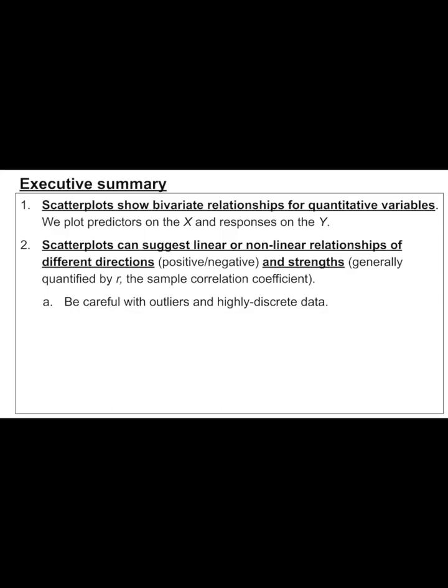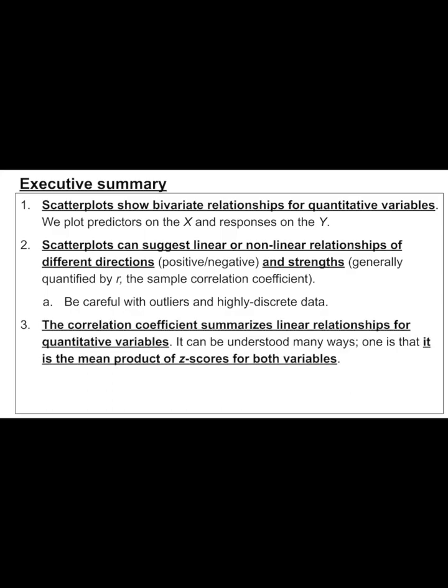We also need to be careful with highly discrete data, because scatterplots in general don't form a great tool for looking at highly discrete data, in part because the more discrete a variable is, generally speaking, the less informative those quantitative summary techniques are. One point I also wanted to mention too is that nonlinear relationships, although visually obvious in scatterplots, also are something we need to be careful about because they're not picked up well by the correlation coefficient.